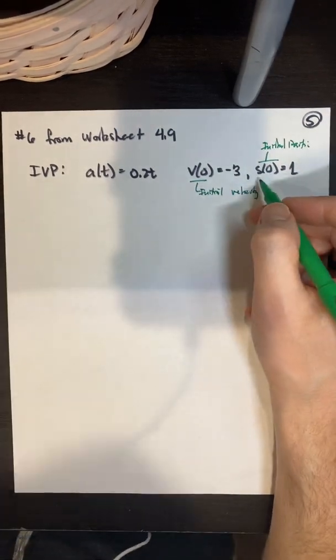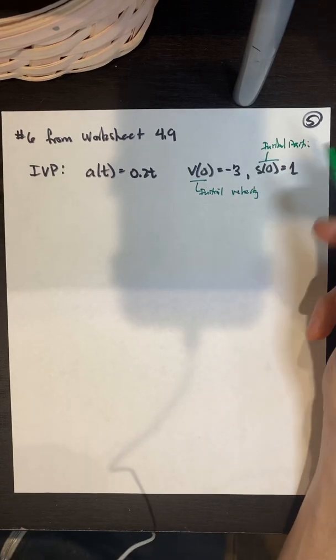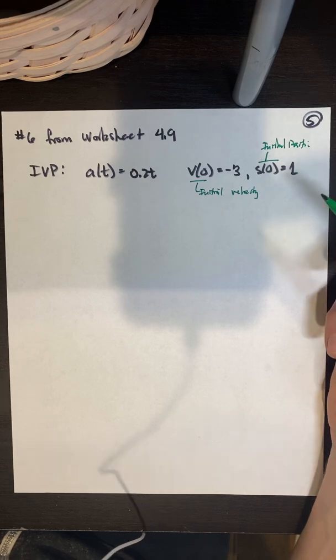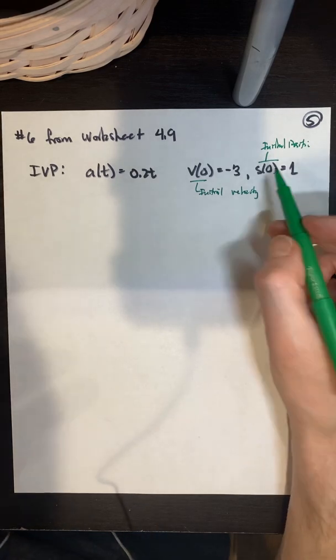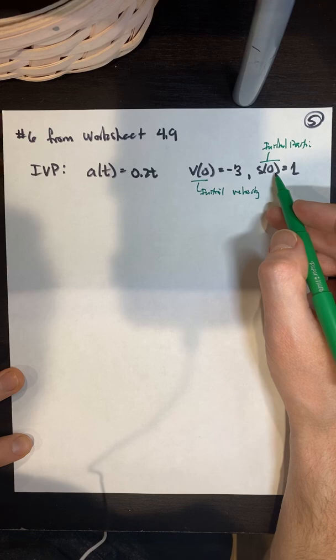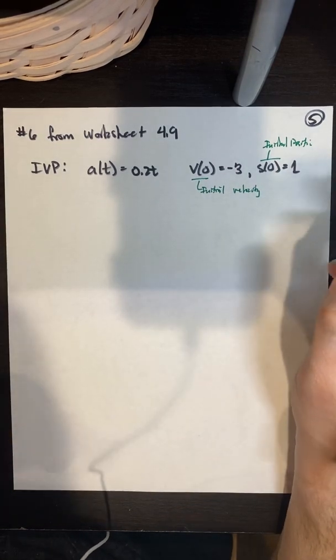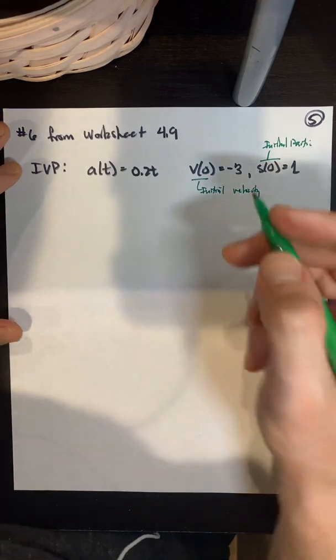So s is the displacement or the position, and v is the velocity. The question asks, what is the unique position function? How can I determine where this object is going to be at any time t?